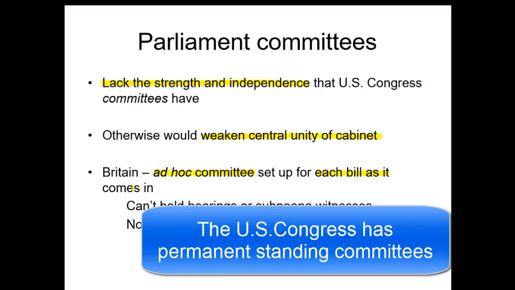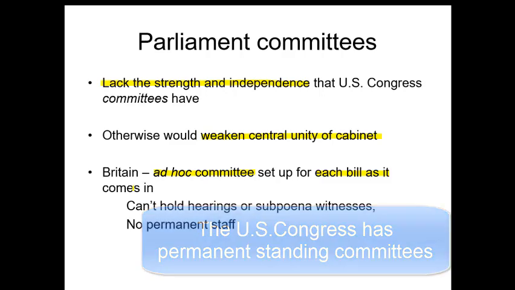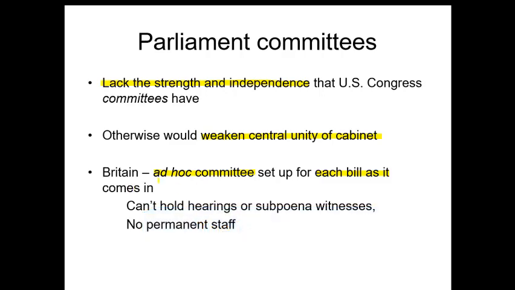They're just set up if it feels like there needs to be a committee to review a bill, and they do not have the same power that the U.S. committees have to hold hearings and subpoena witnesses. The parliament committees do not do this, and they do not have permanent staff. So that's a pretty big difference between the parliament systems and the presidential systems that have a Congress, where the committees do the bulk of this work.